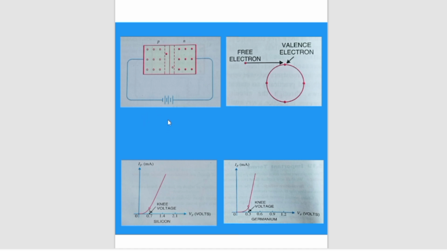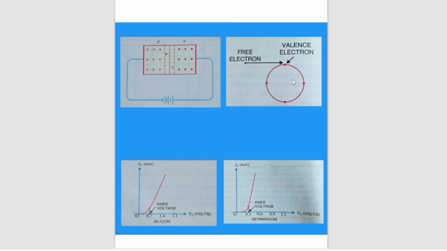Now let us discuss it clearly. Even at room temperature, some hole-electron pairs are produced in the depletion layer, as shown here. With reverse bias, the electrons move towards the positive terminal of the supply. At large reverse voltage, these electrons acquire high enough velocities to dislodge valence electrons from semiconductor atoms, as shown here.